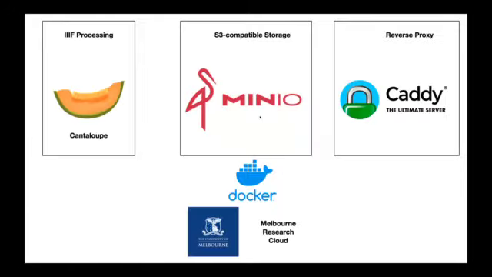For our project, we used a tech stack which combined a number of different technologies that are all run in Docker containers on the Melbourne Research Cloud. This combination is defined in a simple Docker compose script that we wrote as part of this project, so you can easily recreate a IIIF server like this in a few minutes that brings all these technologies together.